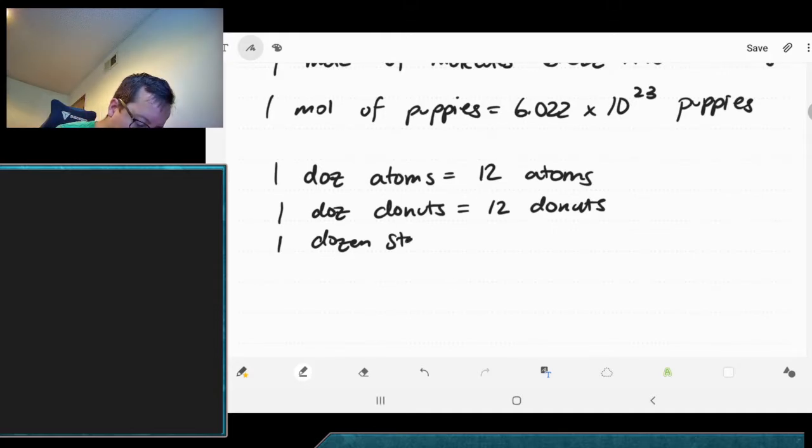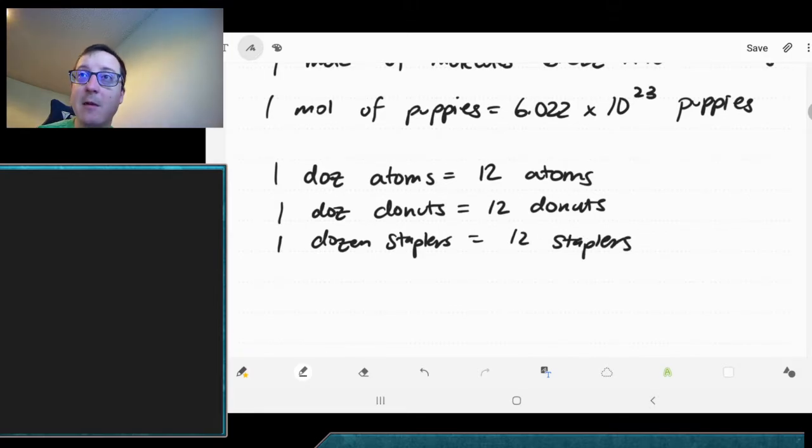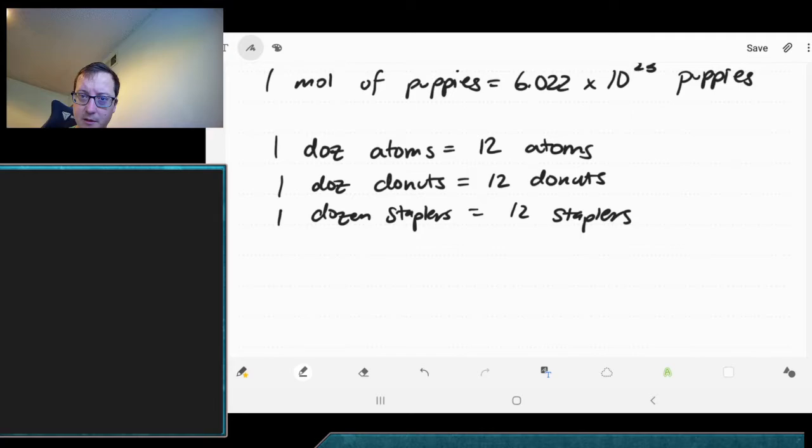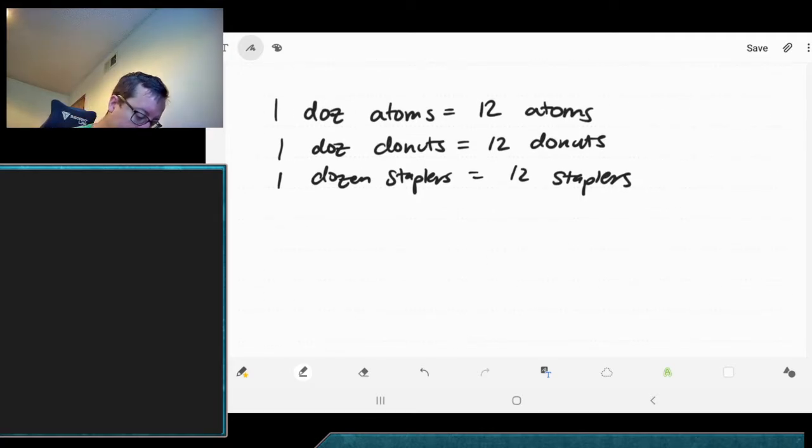Staplers, yes, of course. It's 12 staplers. It's really the same idea. So we have many words like this in English for some reason. I guess it's because people didn't know how to count very well, so that's where these words came from.